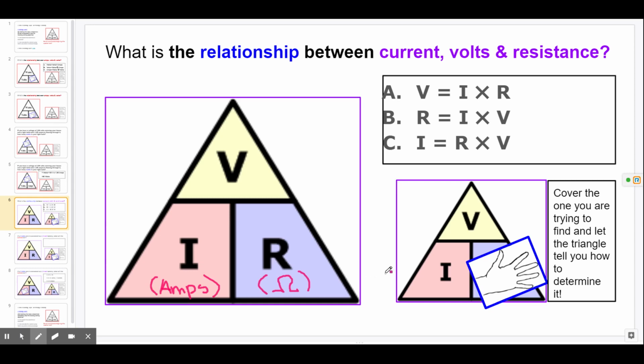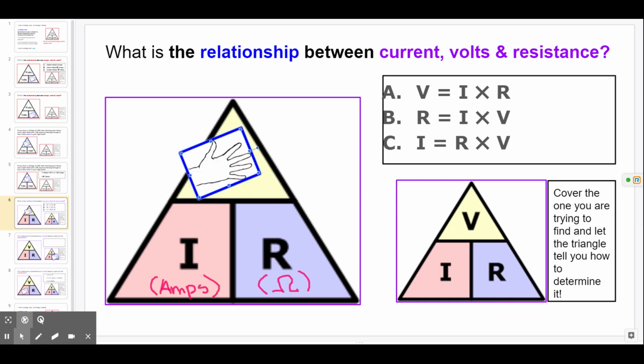If we want to know if A is correct, volts equals I times R, we can cover up V. What do we see? Well, we see I times R. If they're next to each other on the same level, that means we multiply them. So volts does equal current times resistance.